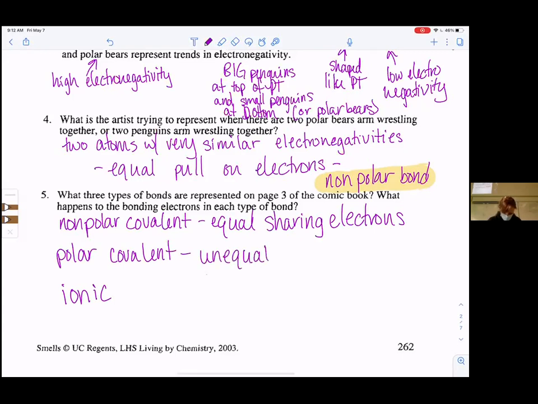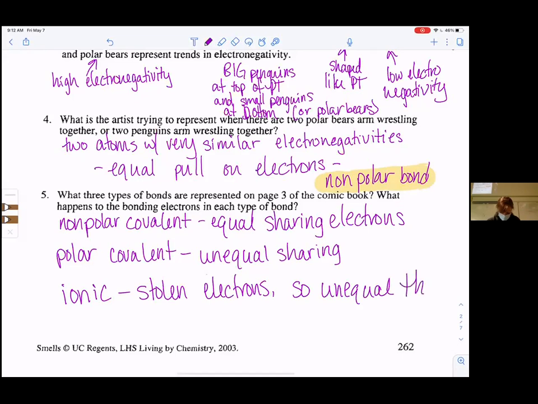Somebody's hogging the electrons. And then in ionic, you have a full-on stealing of electrons. The difference in electronegativity is so big that the electrons just get stolen. It's so unequal that the electrons are transferred.